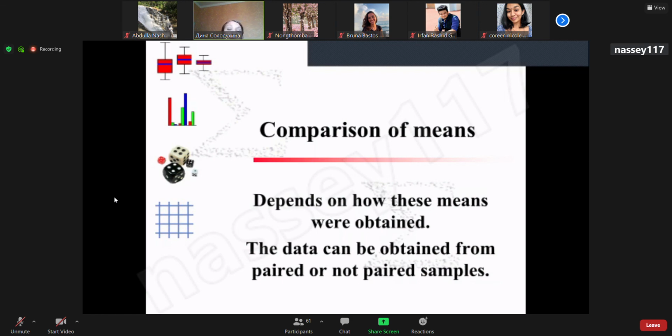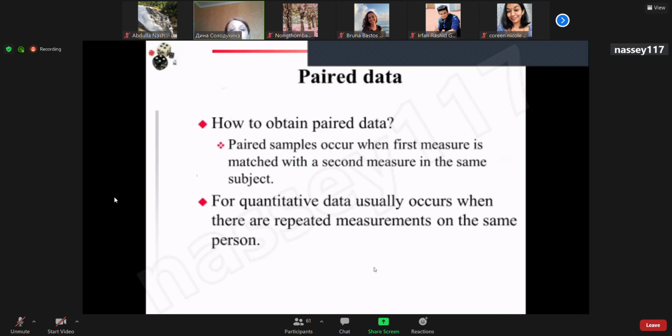And then the data can be obtained either from paired or not paired samples. Paired samples means matched, let's say cases and controls, if you have a case control study. In many cases, we have not paired data, not paired samples, which we call independent samples.